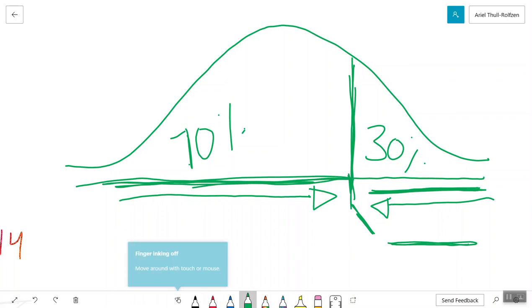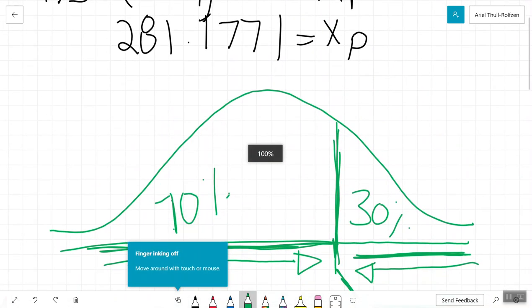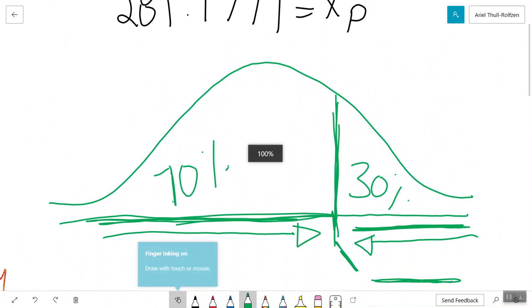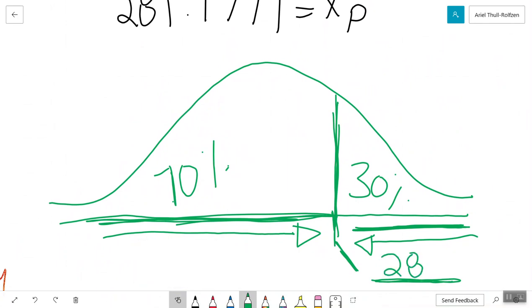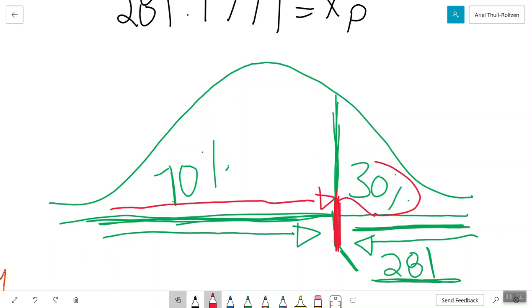And that value is what we found, that 281, and I'm going to round it, I'm going to say it's 281. 281 is that tipping point. So if I'm going this way and I hit 281, as soon as I go to 282, I'm in the top 30th percentile.